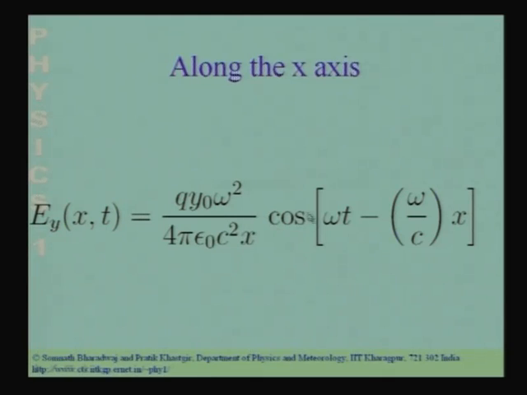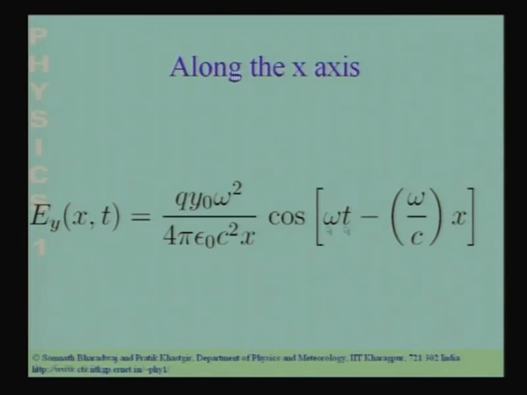Cosine is oscillating, and a small change in x may cause a considerable oscillation in this cosine term if omega by c is a large number. So, let us consider the situation where we can ignore the change in x in the first term, but we have to take into account the change in x for the term inside this cosine. I can think of this as a constant, but I cannot think of this x as a constant.